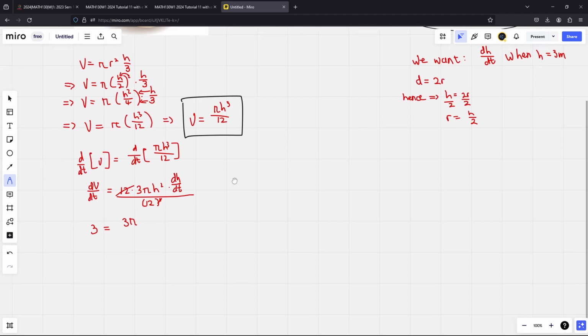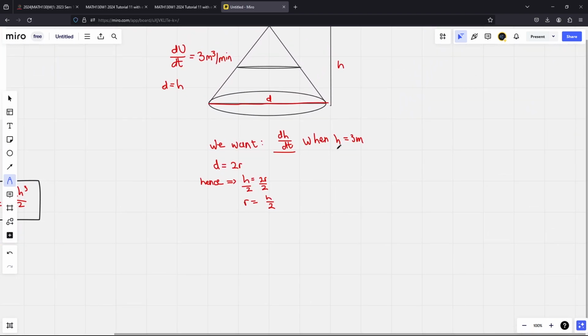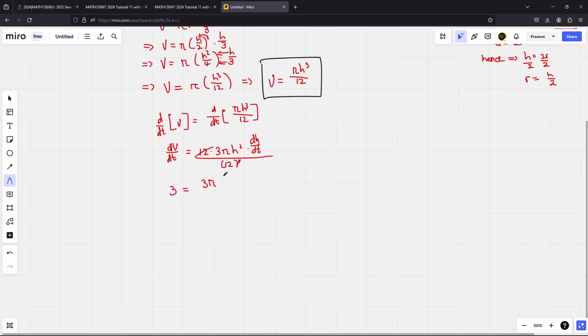They want dh/dt when h is 3, so h is 3, all squared, multiplied by dh/dt, all over 12, because we cancelled one 12 from the 12 squared on the bottom.